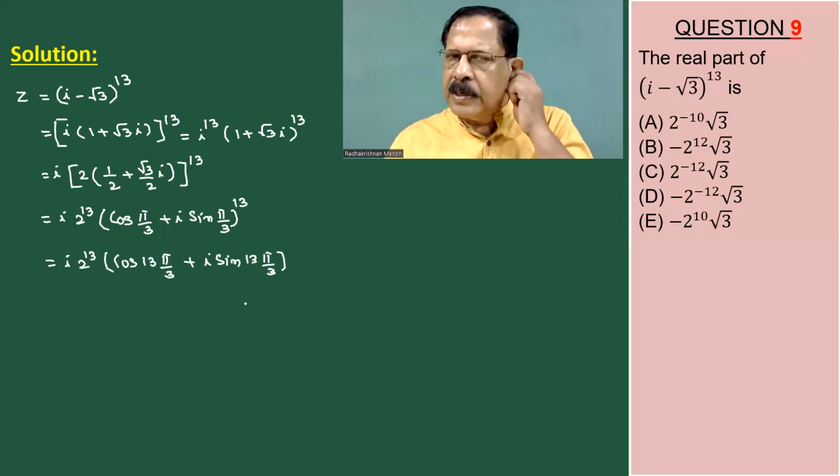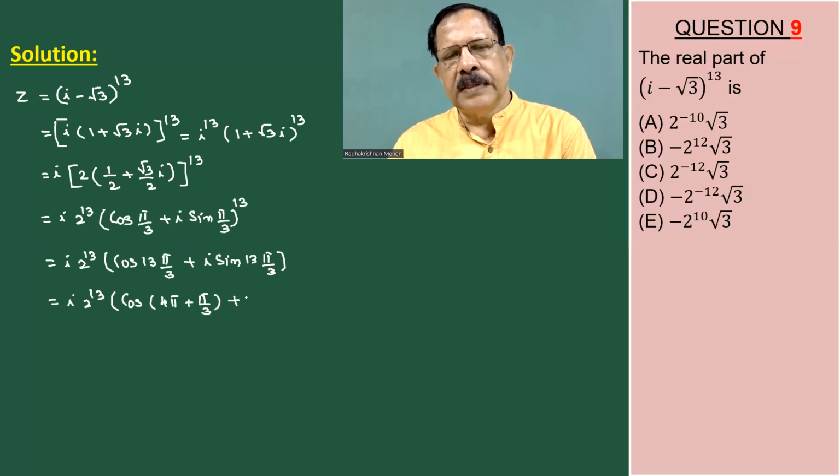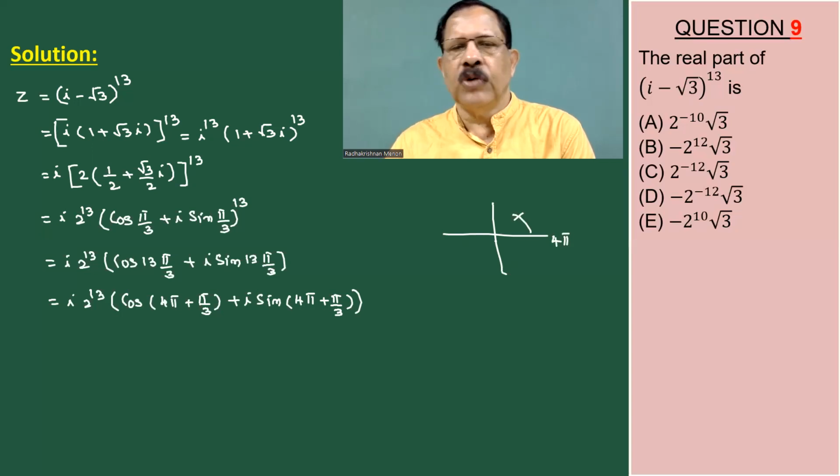Now we have to use the reduction formula. This we can write as 4 pi plus pi by 3. Now 4 pi, an even multiple of pi, plus pi by 3 is in the first quadrant.